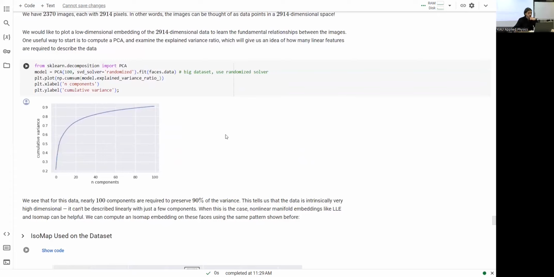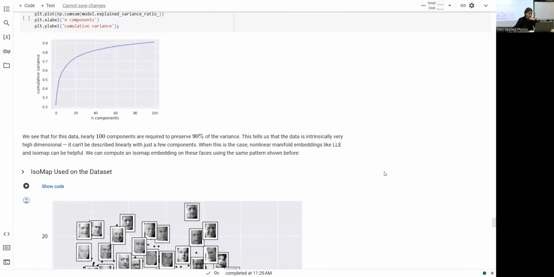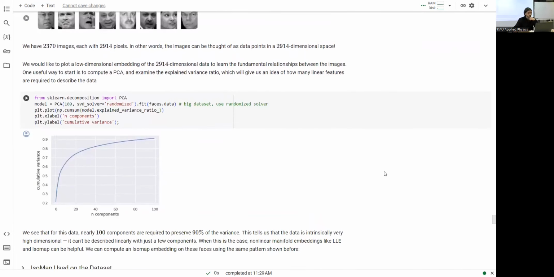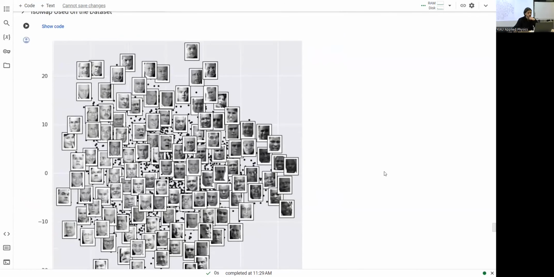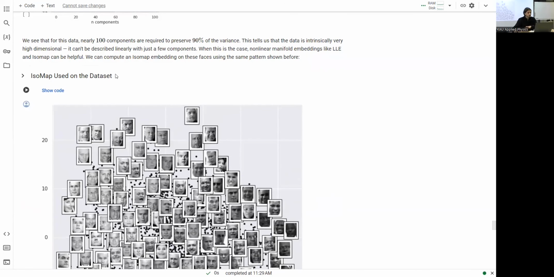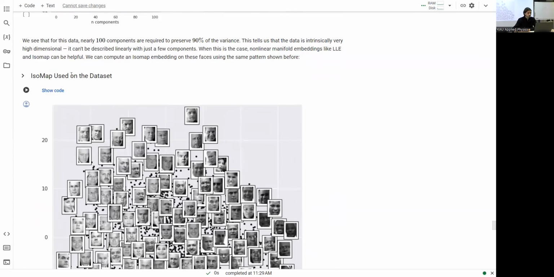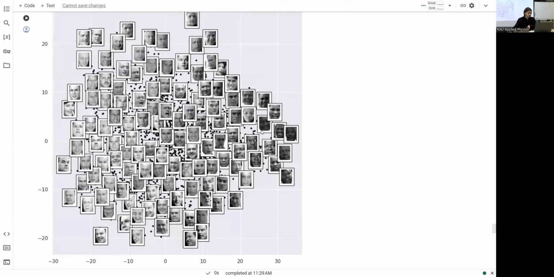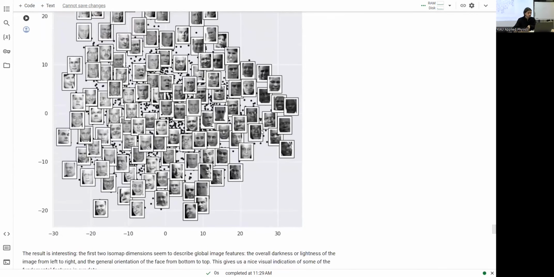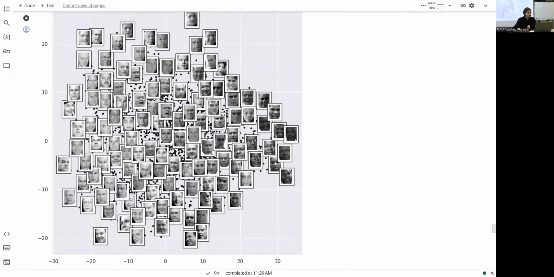Now we are trying to perform Isomap on this data set, squeezing everything into 2 dimensions. And here is the result that I get.